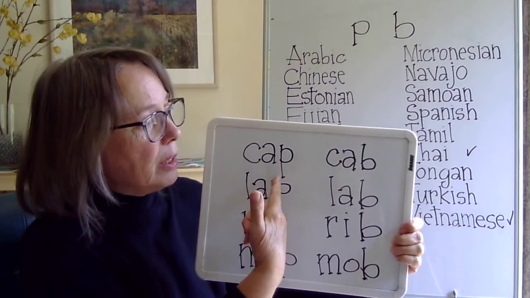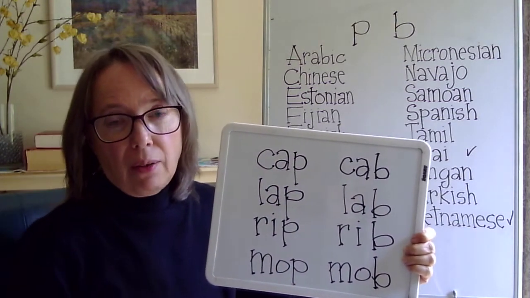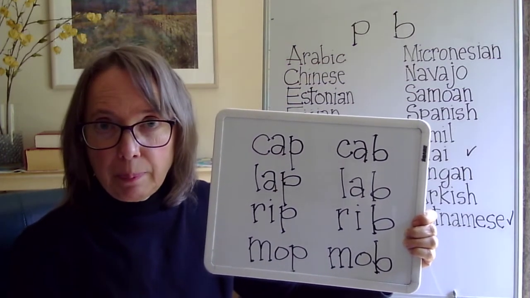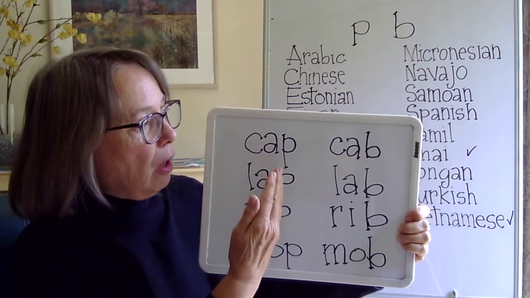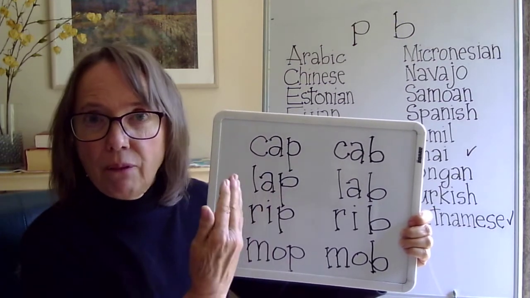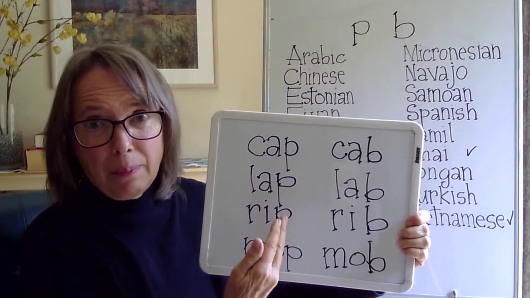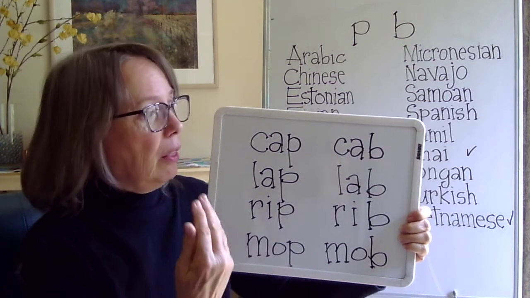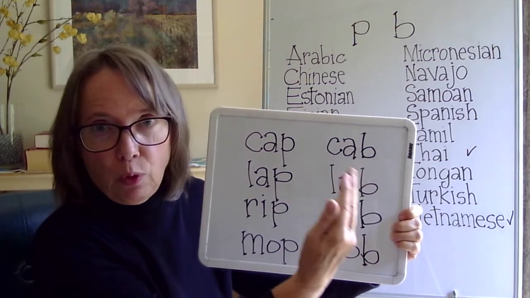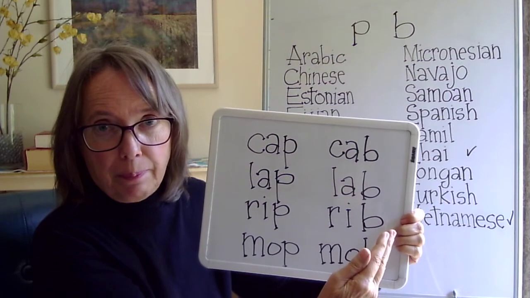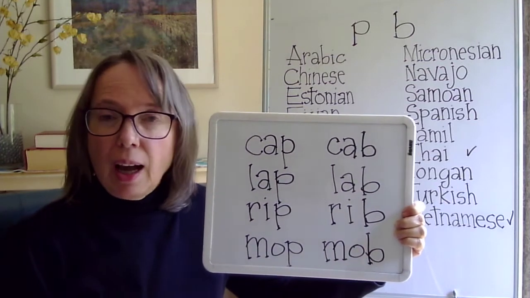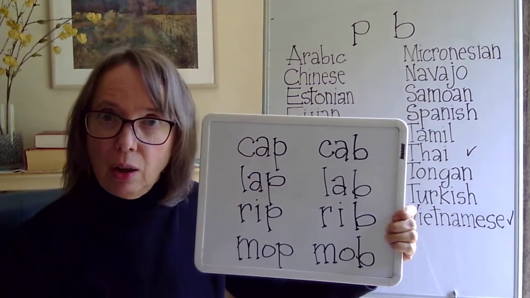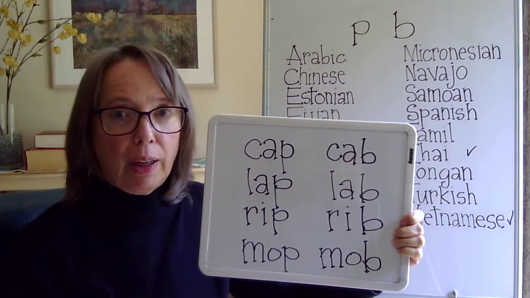Well, the reason that we know is because of vowel length before P and B. Vowel length before a voiceless P is shorter than before a voiced B. Now, I'm not talking about short and long vowels, which you may have studied.